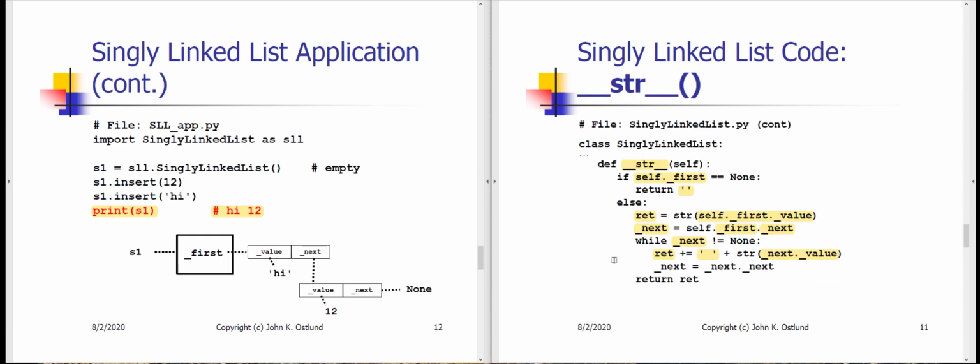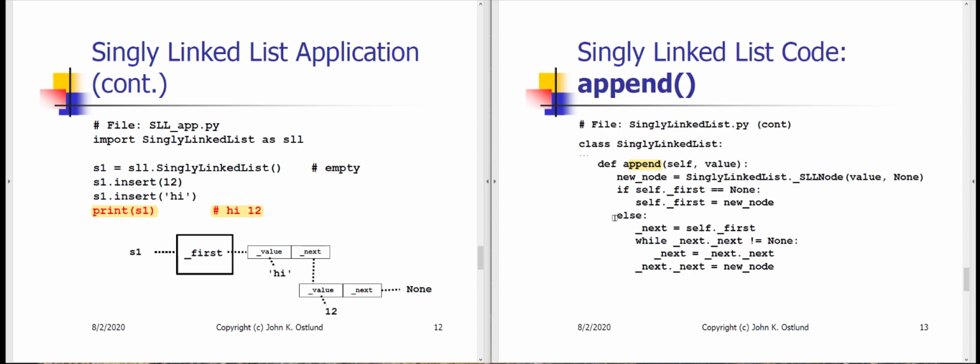Appending is more difficult because appending is going to happen at the end of the list. Consequently, we typically need to use a loop to locate the end of the list before we can add our new node at the end of the list of values that's already in the list. So let's see how we can go about appending a value to our list.